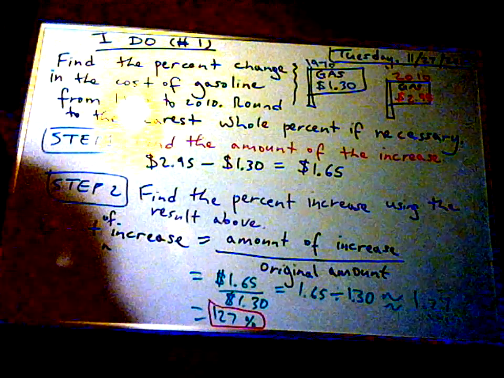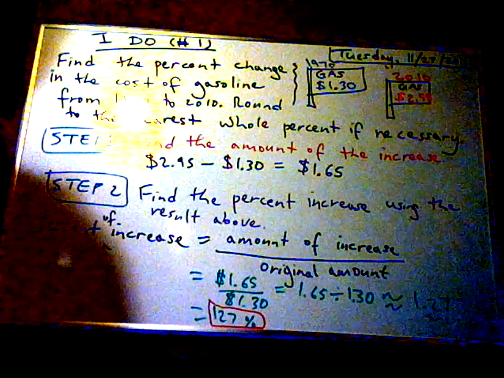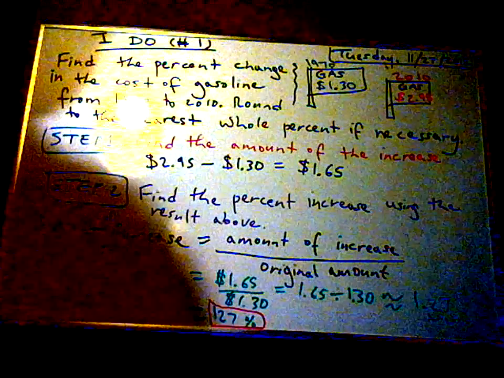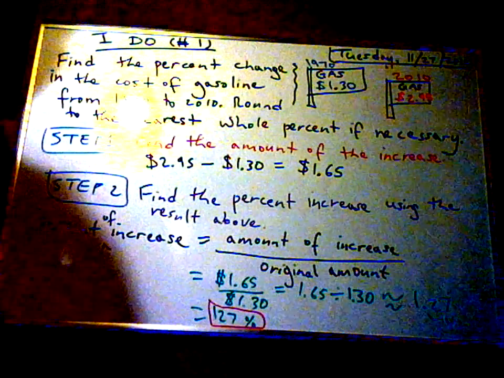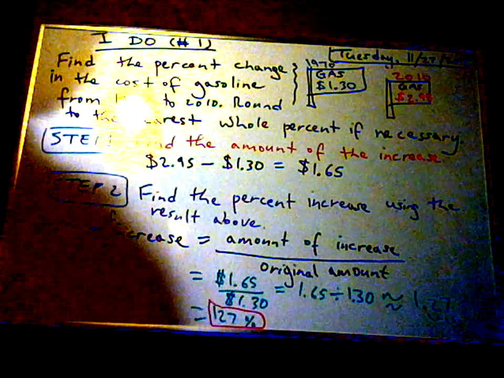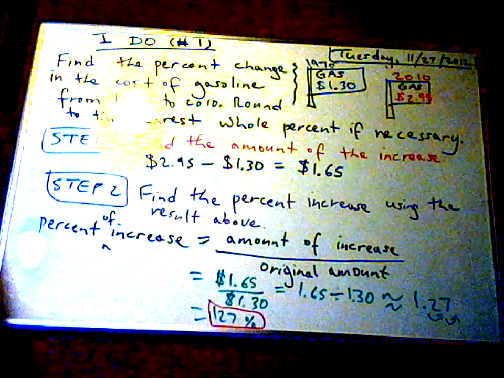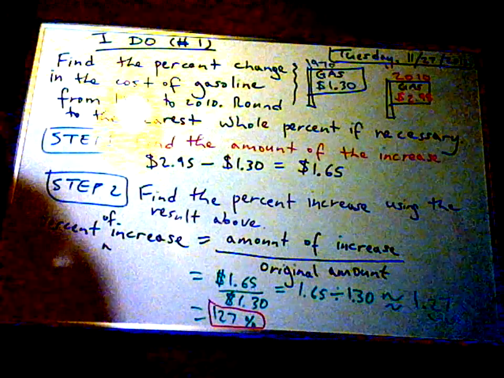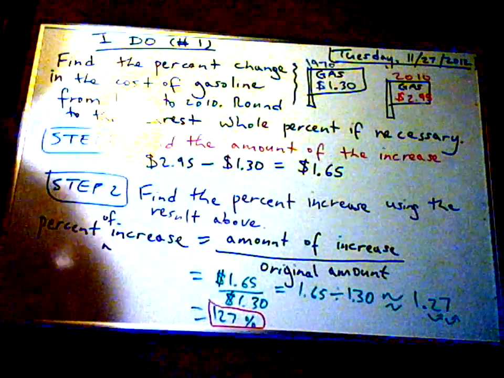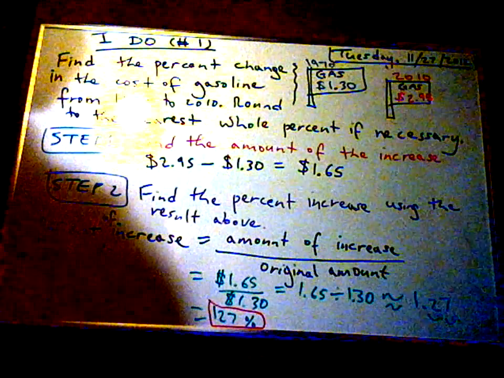So we were given gas prices from 1970 and a gas price in 2010. Gas price in 1970 was $1.30, and the gas price in 2010 was $2.95. And we are told to find the percent change in the cost of gasoline from 1970 to 2010. Round to the nearest whole percent if necessary.